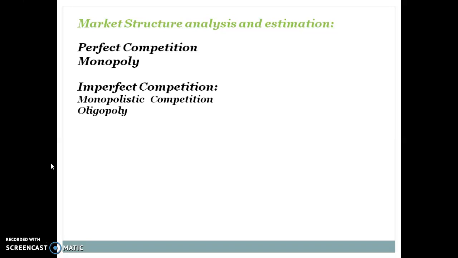Primarily we deal with the features of these market structures, but more importantly, how price and output is determined in each of these market structures. So we start with perfect competition, move over to monopoly, and after defining these, we move over to the imperfect competition, comprising of monopolistic competition and oligopoly.